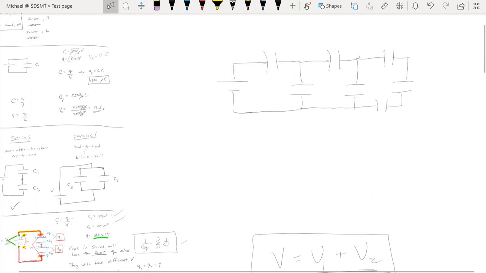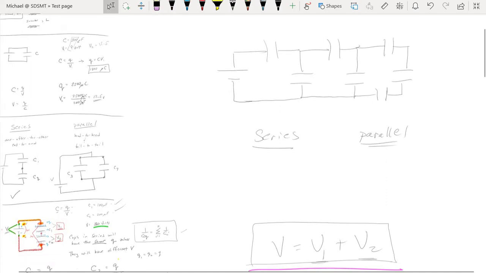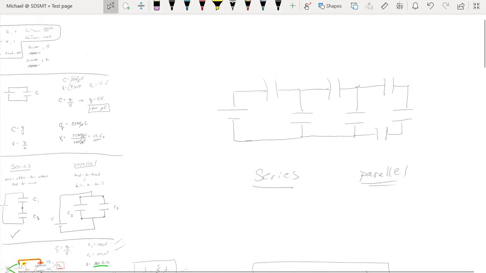We'll have to look at different segments of the circuit to see if any of these capacitors can be combined in series or if any of them can be combined in parallel. And basically we're going to condense this entire circuit down to a single equivalent picture.